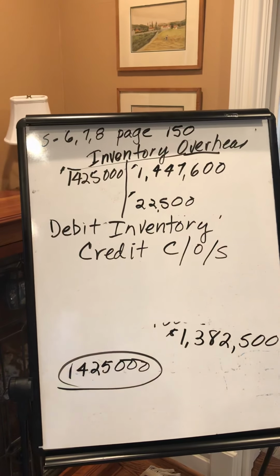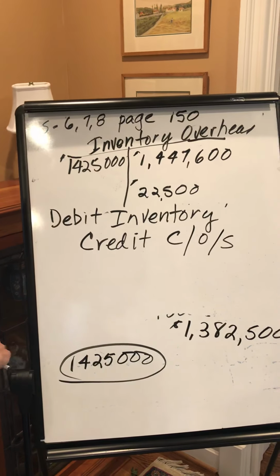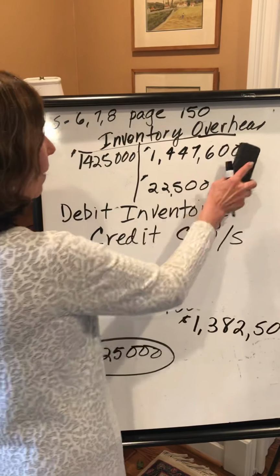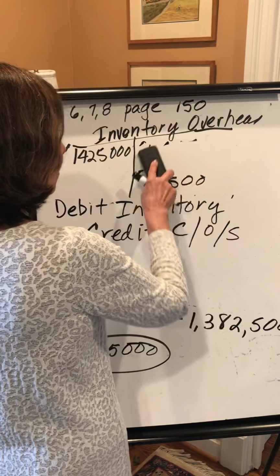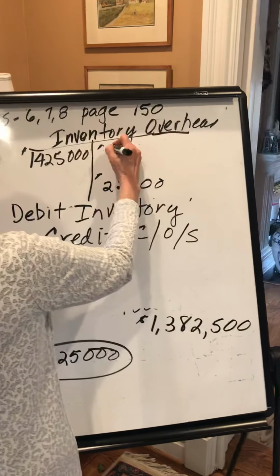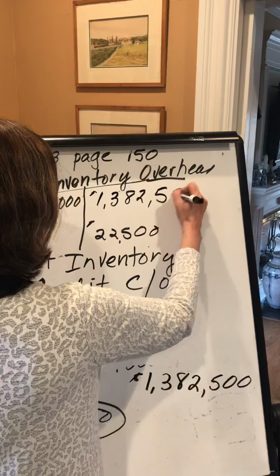But let's consider, and of course I realize this is not part of the problem, but I just want to show you how this would work. What if they had used machine hours? So this number here would have been 1,382,500.